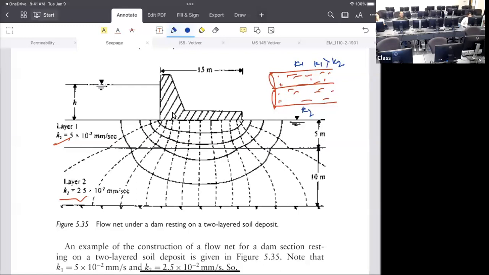In K2, the water will travel slower, and the travel path may be longer. Why will the travel path be longer? Because there will be more resistance.